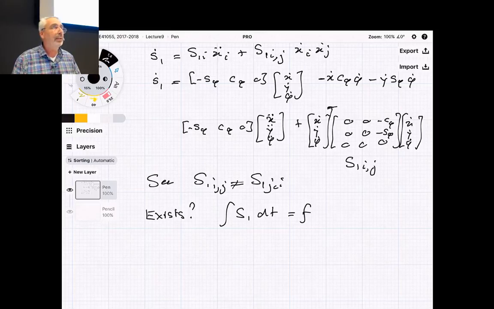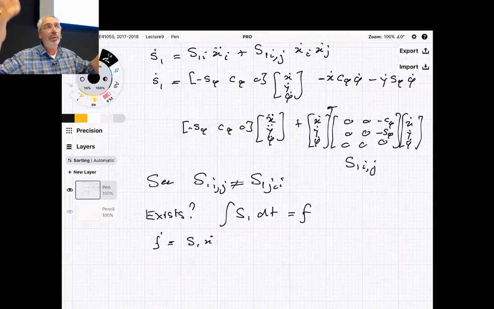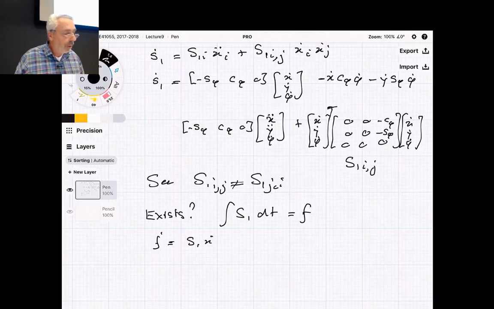Does it exist? Because if it exists and you differentiate f, you get your slip equation. And then f dot is your S1 times the x dot, etc. And then you will see that I should get a symmetric Fij, and I don't have a symmetric Fij. Ergo, this function just does not exist. There is no primitive of this one. It's just a constraint in the velocities. And that's what we call a non-holonomic constraint.